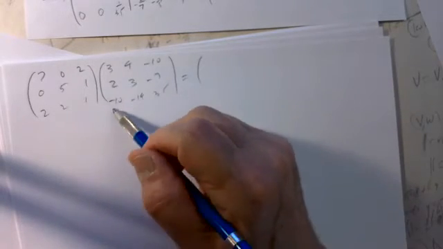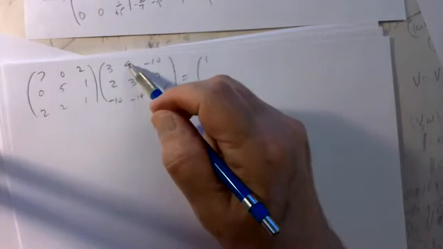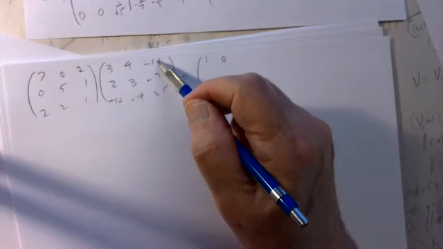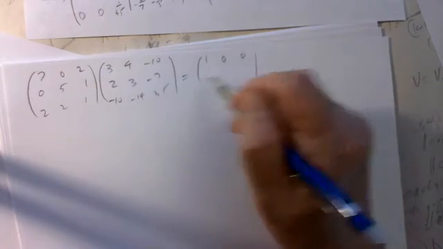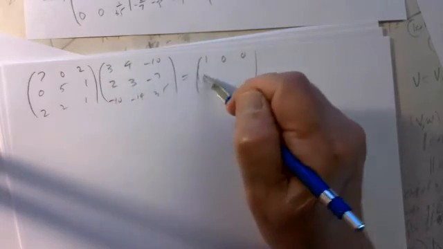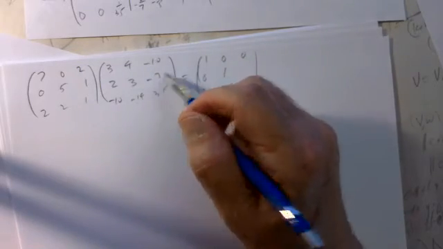So when I multiply, I get 21 minus 20 is 1. 28 minus 28 is 0. Minus 70 plus 70 is 0. That's lucky. See, this row I have 10 minus 10, 15 minus 14, minus 35 plus 35.